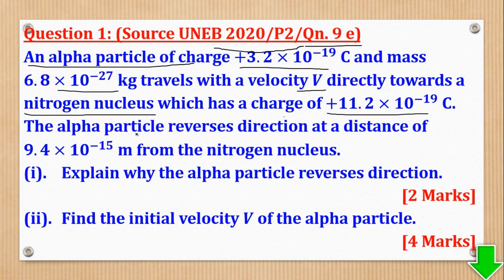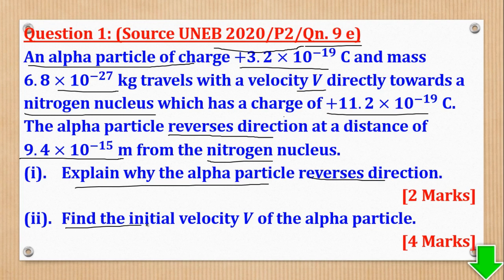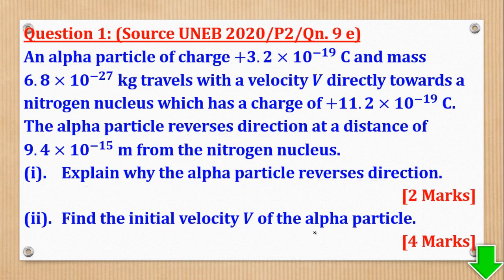The alpha particle reverses direction at a distance this. So this will be the distance of closest approach from the nitrogen nucleus. Roman 1. Explain why the alpha particle reverses direction. And Roman 2. Find the initial velocity v of the alpha particle. So let's start with Roman 1.